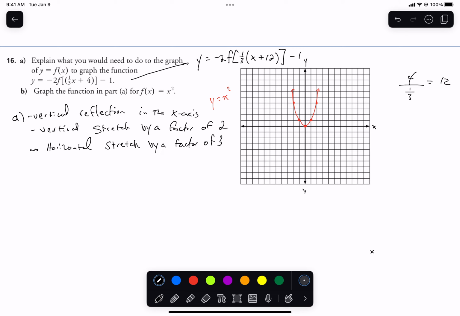Then we have the two translations. We have a horizontal translation left 4 units because it's on the inside of the bracket, and then a vertical translation down 1 unit.